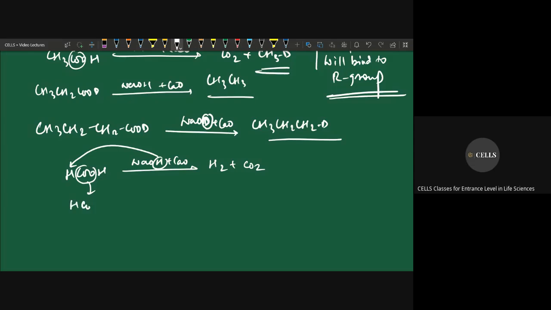Suppose same case, HCOOH, NaOD plus CaO, HD plus CO2. Right? That is the case.